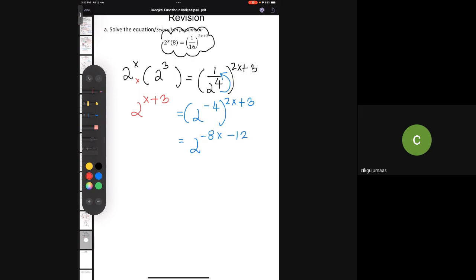And this one is 2 to the power of x plus 3. So once I have done this, I can just take x plus 3 equal to negative 8x minus 12. And you can find what is x.